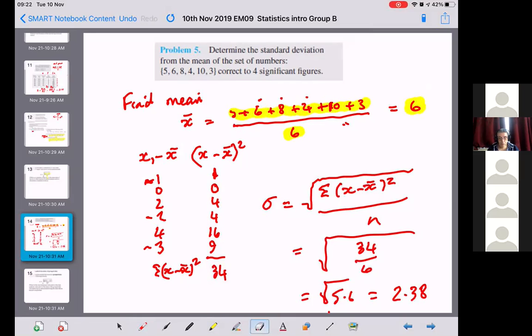That's this column. Then we square each of these values to give us this column, which has the effect of removing any negative signs. We add those up, divide by the number in the set and take the square root, and we end up with the standard deviation. What that's saying is the average distance of each value from the mean is 2.38 in that set.